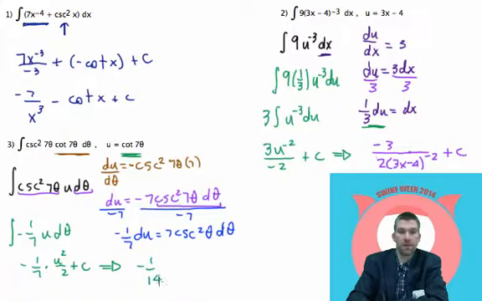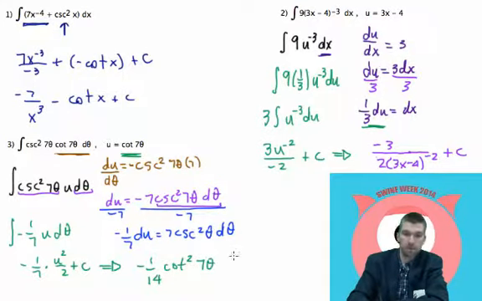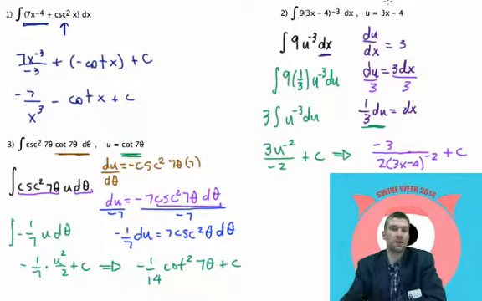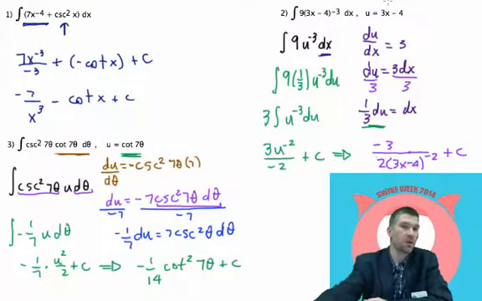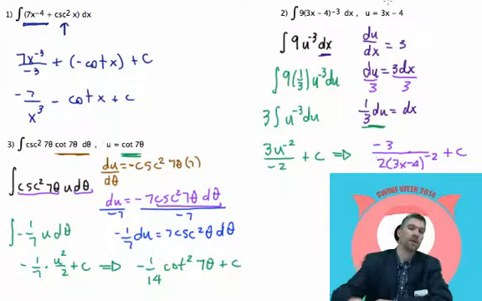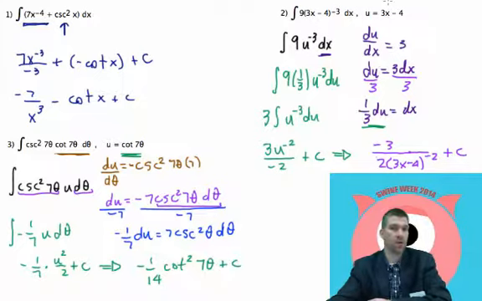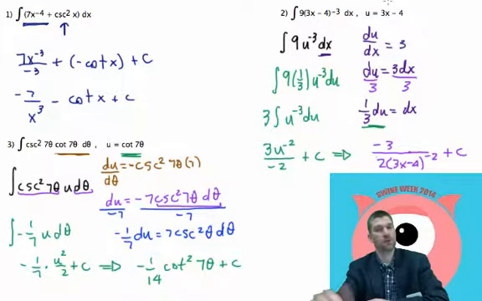Negative 1/14 times cotangent squared of 7 theta plus c. So there's your first 3 questions off your review, and they weren't horrible, but there are some substitutions in there. Pay attention so you can make sure that you get those substitutions right. The trick with that is to look for equality with your du's and d thetas or du's and dx's.